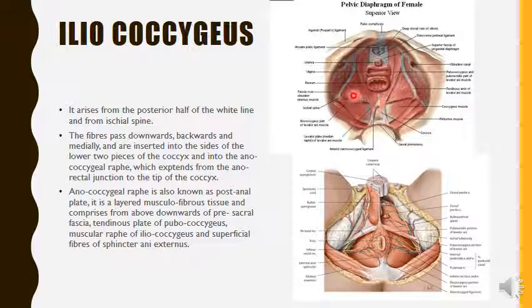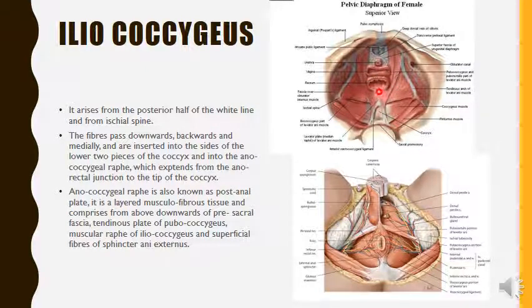So the fibers of the iliococcygeus run downwards, backwards and medially, and attach to the lower two pieces of the coccyx, also to the anococcygeal raphe here. This anococcygeal raphe extends from the anorectal junction. This is the cut open part of the anorectal junction.